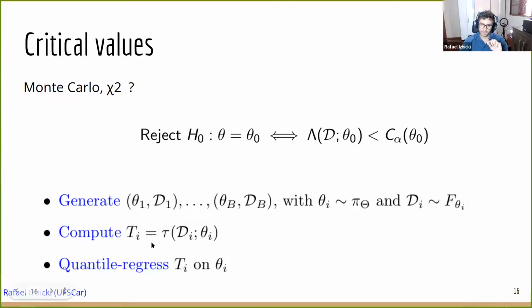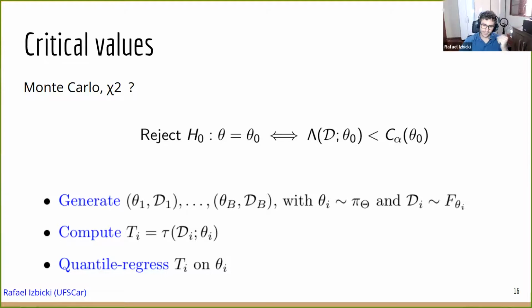I just realized I changed the notation from lambda to tau here, sorry. So we're going to compute the test statistic that tests whether this data set comes from the parameter value that really generated the data set. Okay, so we're going to compute T1, T2, TB, one for each pair of data points.